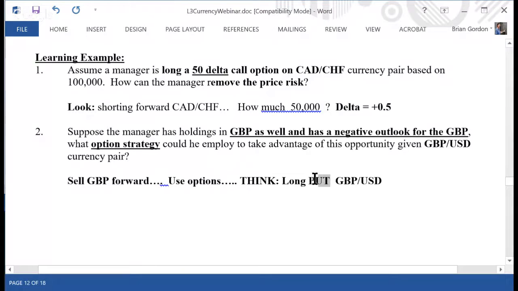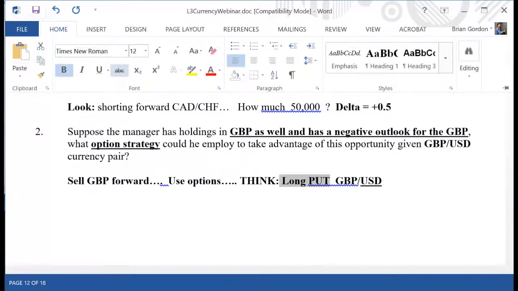The option refers to the base currency. So this tells me that I'm going to sell the US dollar. That is not what we want. So a long put option is not going to be the strategy that will help us here. I can put a strike right through that.